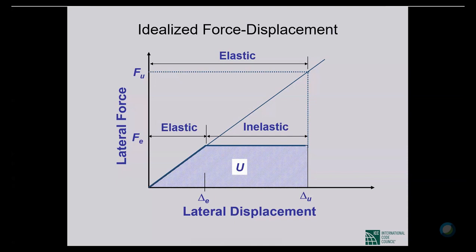Inelastic deformation capacity comes from proper detailing of the structural members and joints. And this is why our building codes have detailing requirements for structural members and joints of all materials.